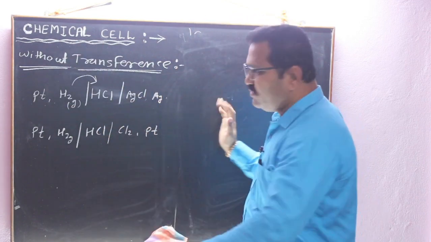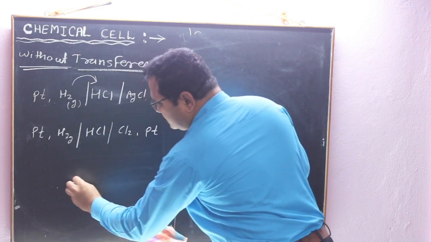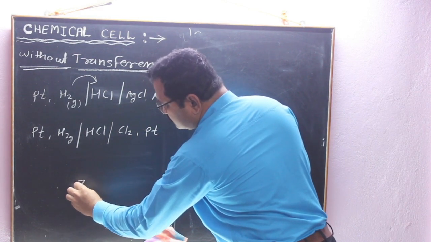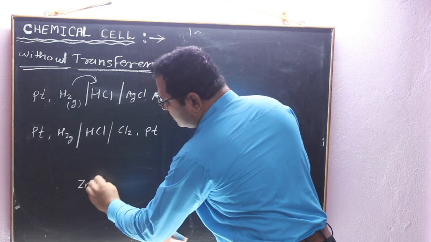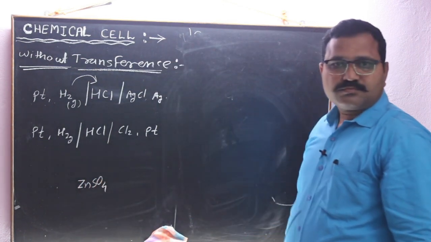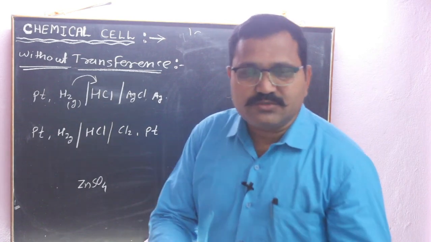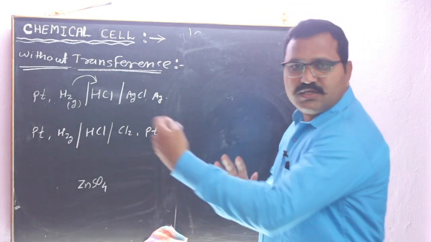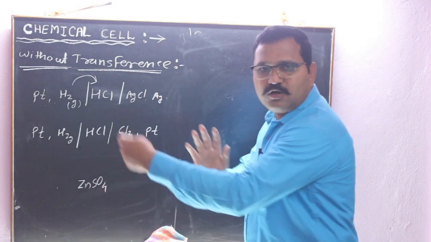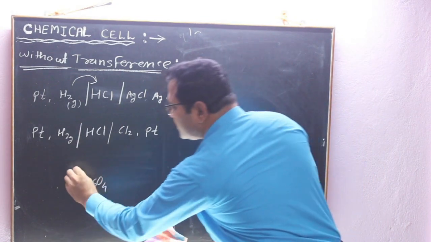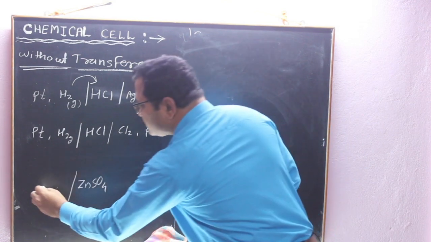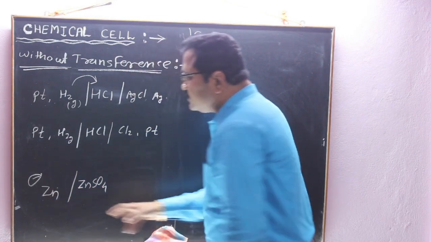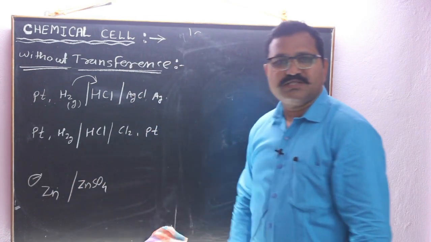For example, I will give examples. Suppose we use the solution as ZnSO4. If we use an aqueous electrolytic solution of ZnSO4, then what is the anode? Oxidation takes place at the electrode reversible to cation, Zn. Zn goes in the solution as Zn2 plus ion.